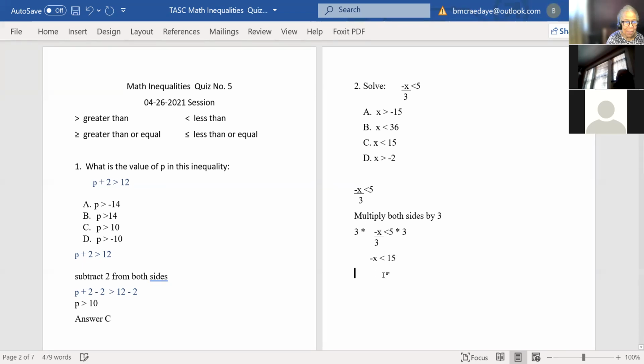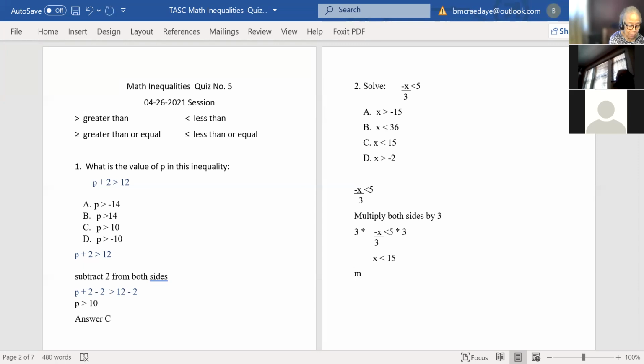So what would be my answer? Minus X less than 15. You don't see that answer there. So what would be the answer? If you multiply both sides by -1, you'll get X less than -15. So you don't have the minus X, that's not one of your choices.